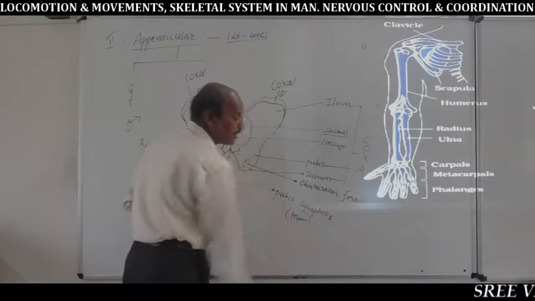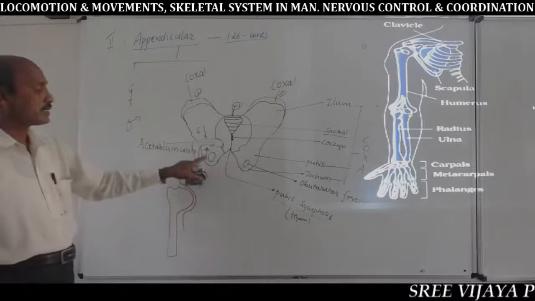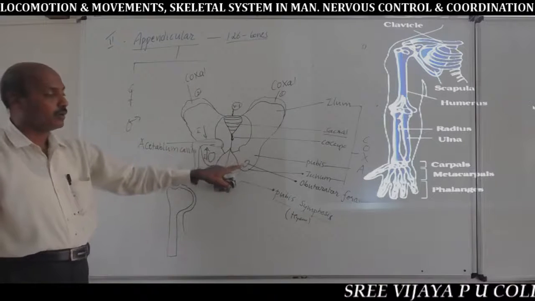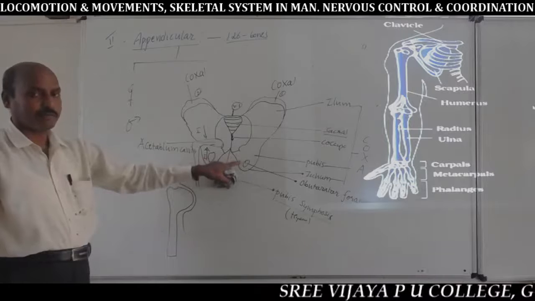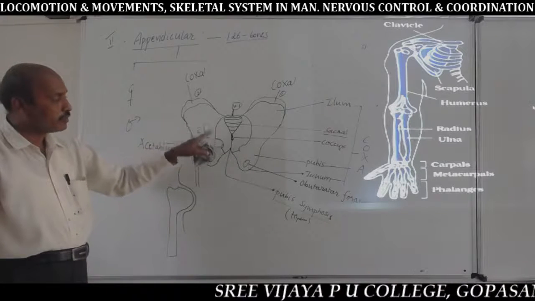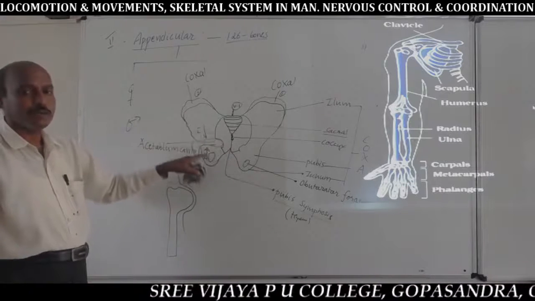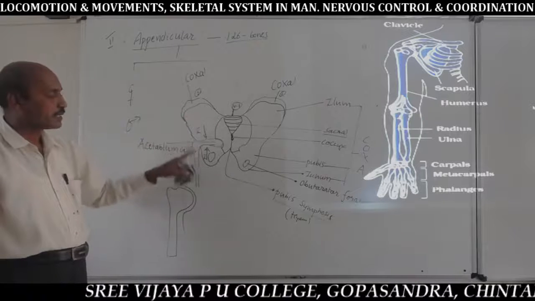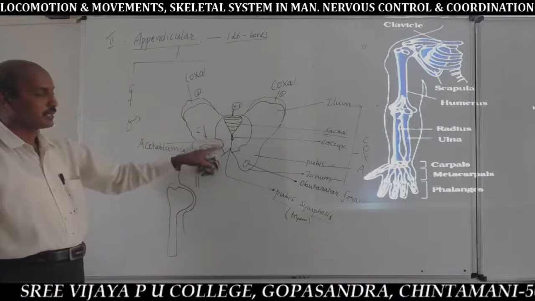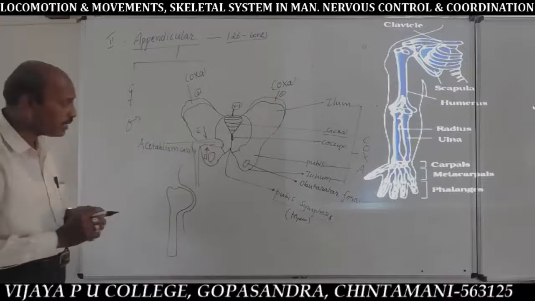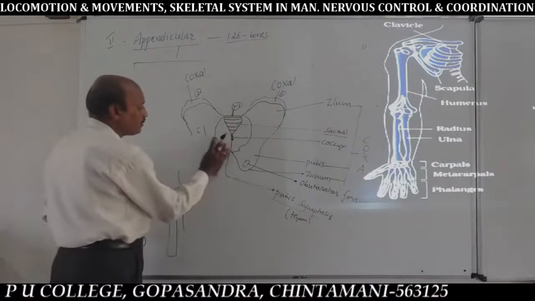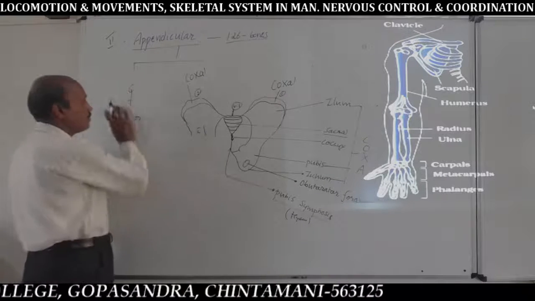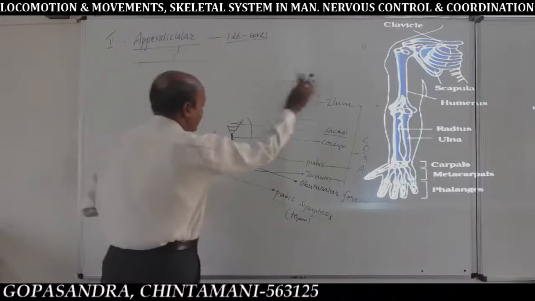The obturator foramen is the hole present in the ischium, and at the fusion point of the three parts, ilium, ischium, and pubis, is the acetabulum cavity, into which the head of the femur bone is fixed in the form of a ball and socket joint.